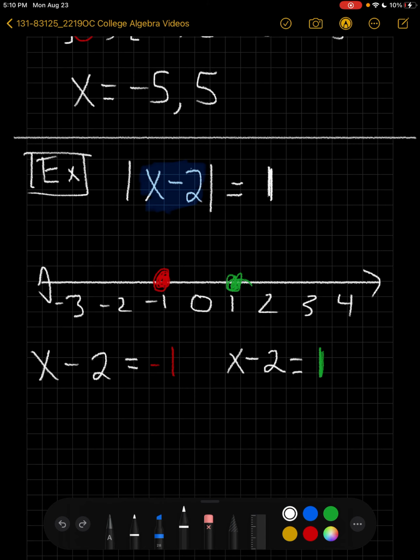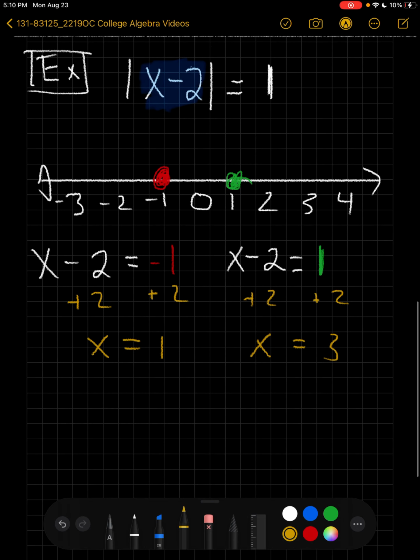I'm going to do it in yellow. If I add 2 to each side here, I get x is equal to 1. If I add 2 to each side here, I get x is equal to 3. And these would be my two solutions.